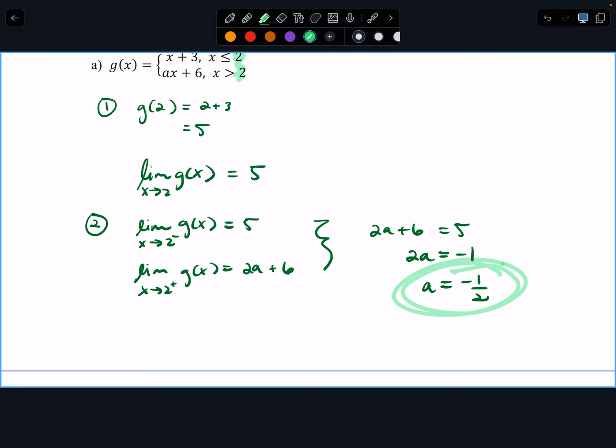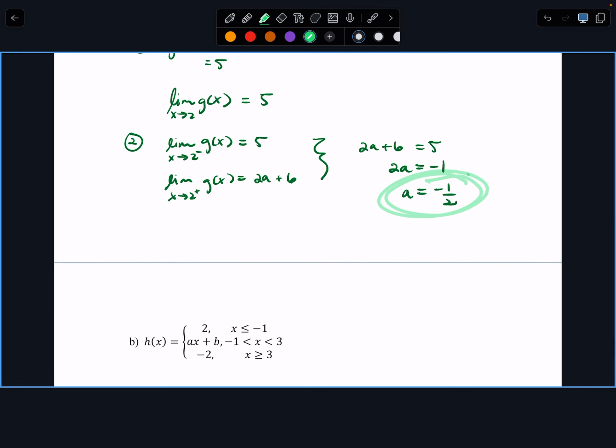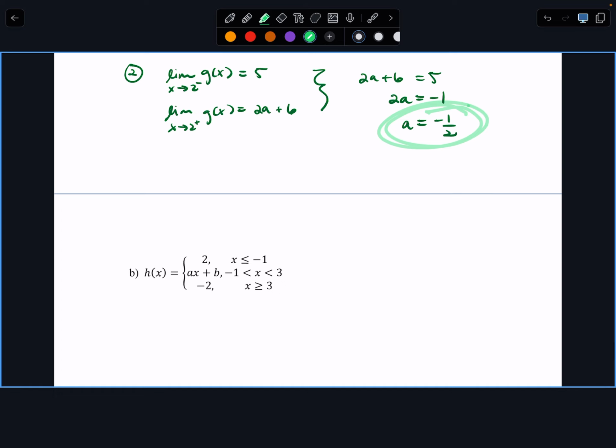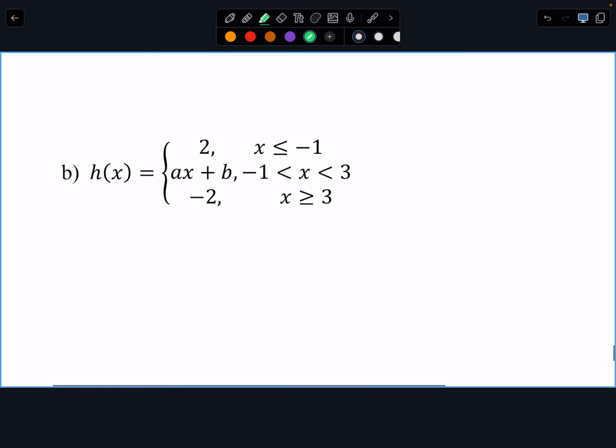So in the groups that you were working in earlier, can you try B? Again, you don't have to show all the steps of using the definition of continuity at a point, but you should be thinking about it as you figure out how to solve for a and b.